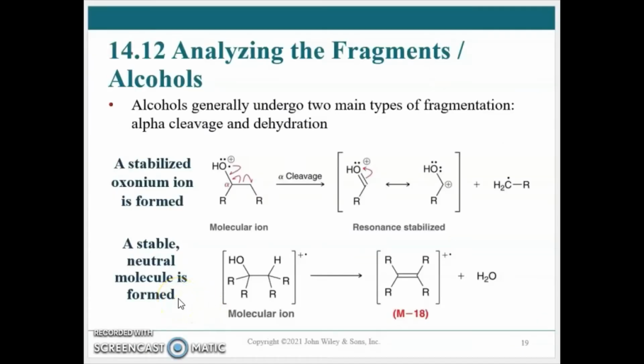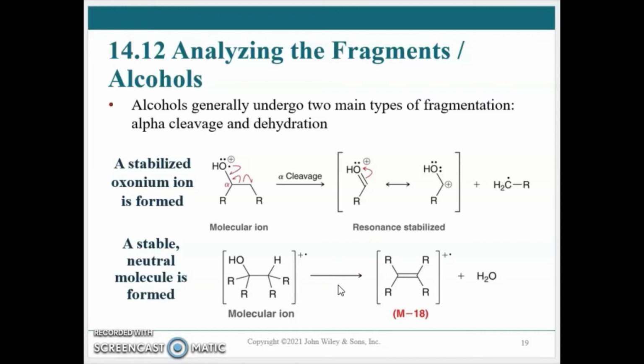Now let's just briefly look at the other common fragment from alcohols, and that would be dehydration. It isn't necessary to be able to do all the electron pushing for the various fragments. Sometimes this will be shown because it's well understood. A lot of these reactions are gas phase radical reactions, and they are difficult to predict.